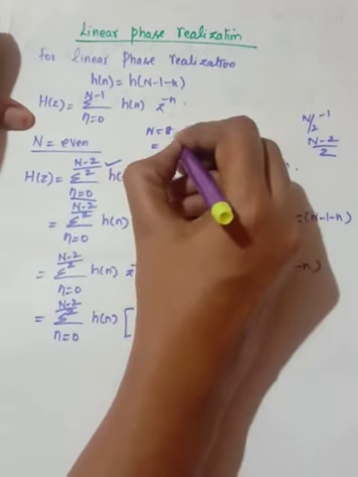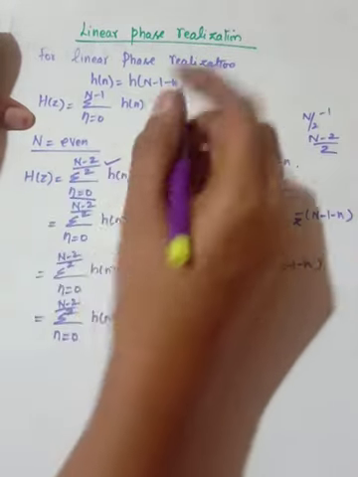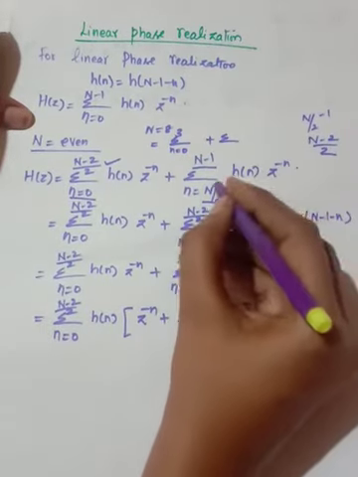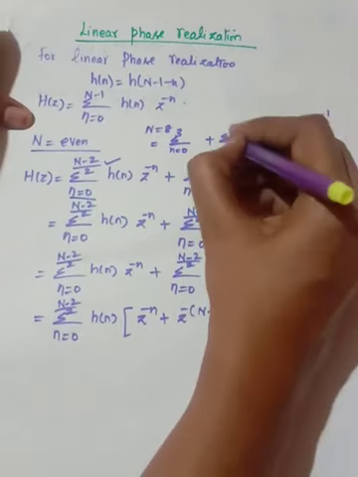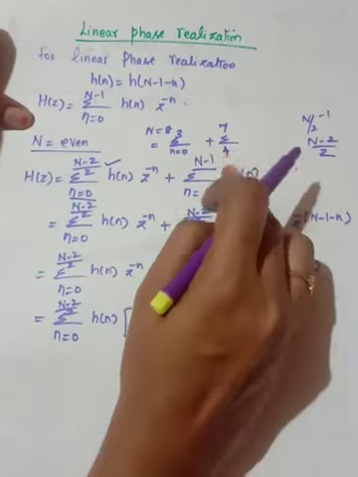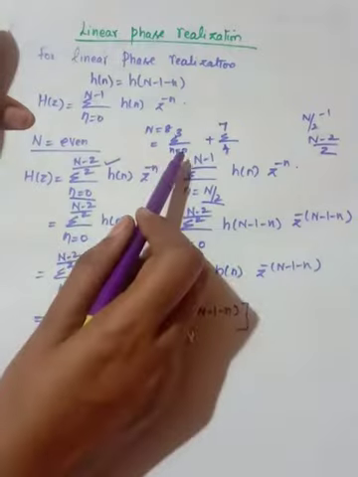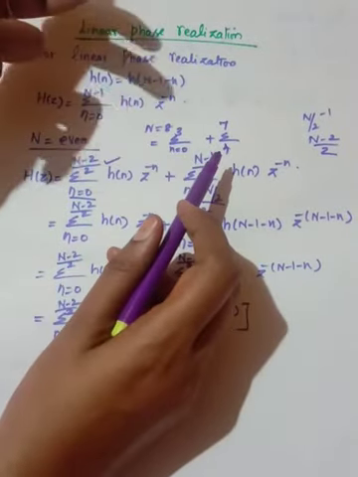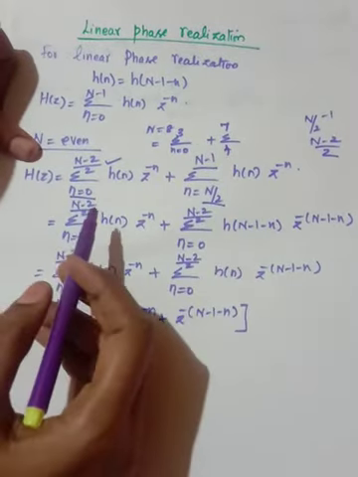So you will have n is equal to 0 to 8 minus 2 is 6, 6 by 2 is 3, so summation 0 to 3, plus here N is equal to 8, so 8 by 2 is 4, and 8 minus 1 is 7, so 4 to 7. I have split into two sequences, four samples in each, two equal groups.